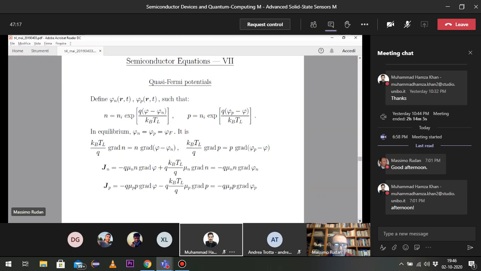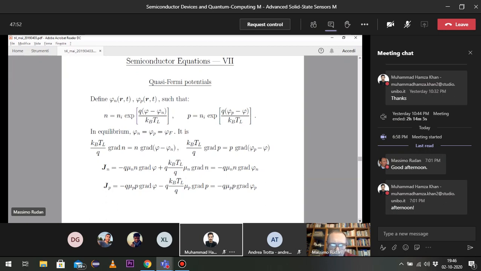It's like considering that phi n is defined as n over n_i with the log multiplied by kT over q, and then we subtract phi. Okay, so this is a pure definition of phi n. Similarly, the definition of phi p is such that we can write the concentration p as n_i exponential of q over kT (phi p minus phi).